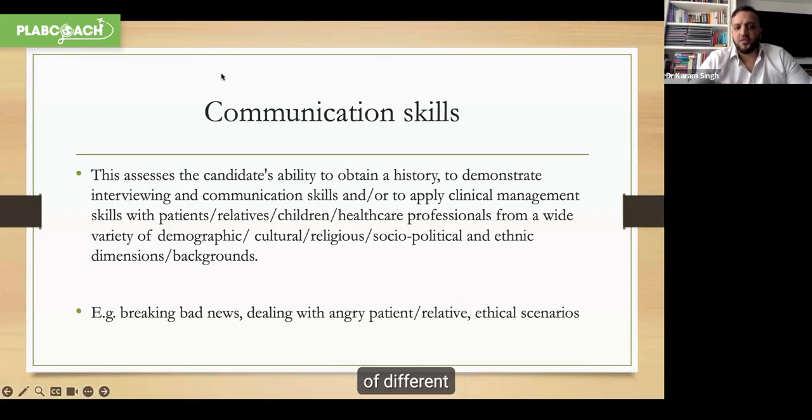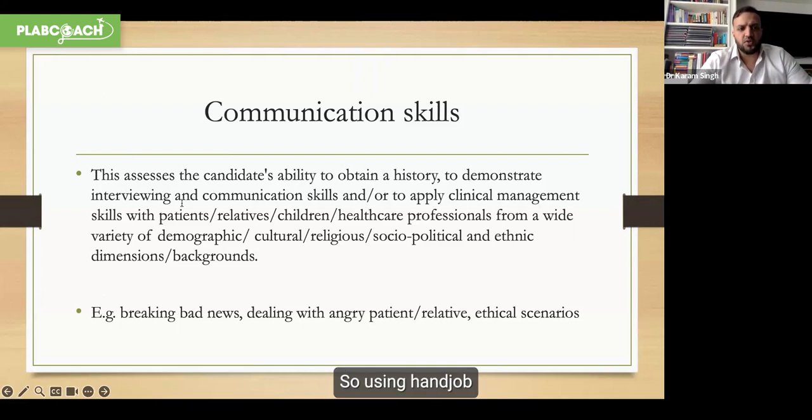So there's lots of different communication aspects of the exam that they're going to test you on. And again, when I do the online course, unfortunately, it's going to be a little bit close to the exam. That's just because they only just released the exam dates, and I haven't had much time to prepare the course way in advance. But it will be a good revision just before you go to the exam about how to take a history well and how to communicate with the patient well.